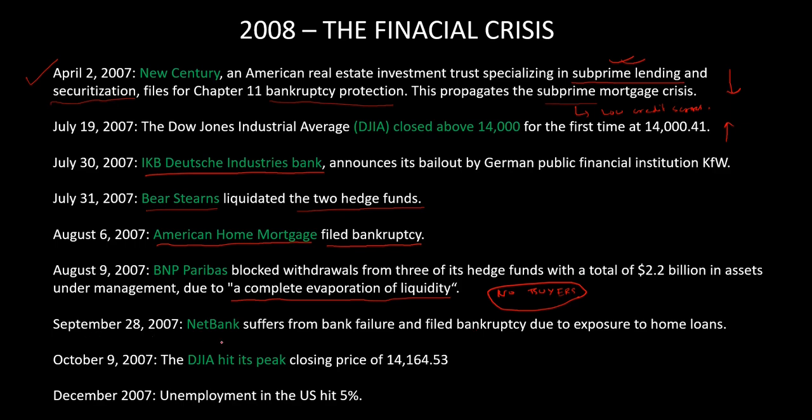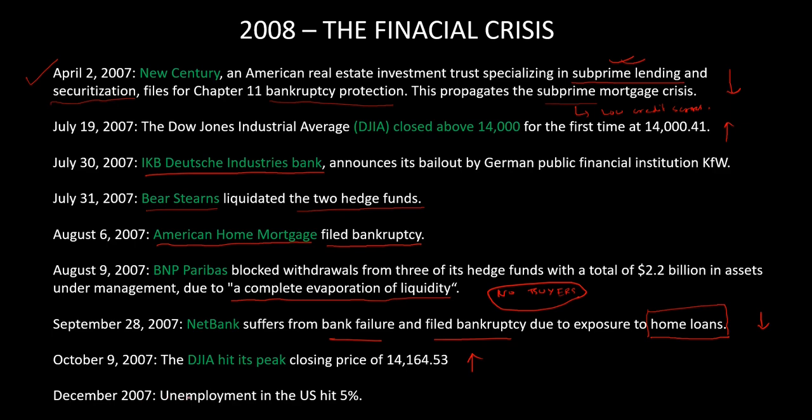September 28th, NetBank suffers bank failure, files for bankruptcy due to exposure to home loans. As we're talking about, the housing bubble is unfolding here, as you can see. October 9th, DJIA hit its peak. So again, the fundamentals are going southwards, and the stock market is hitting higher and higher prices.